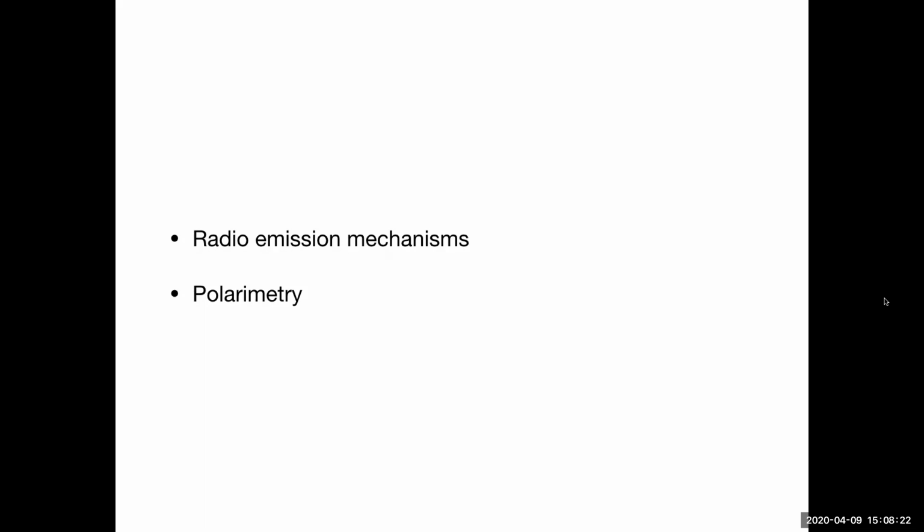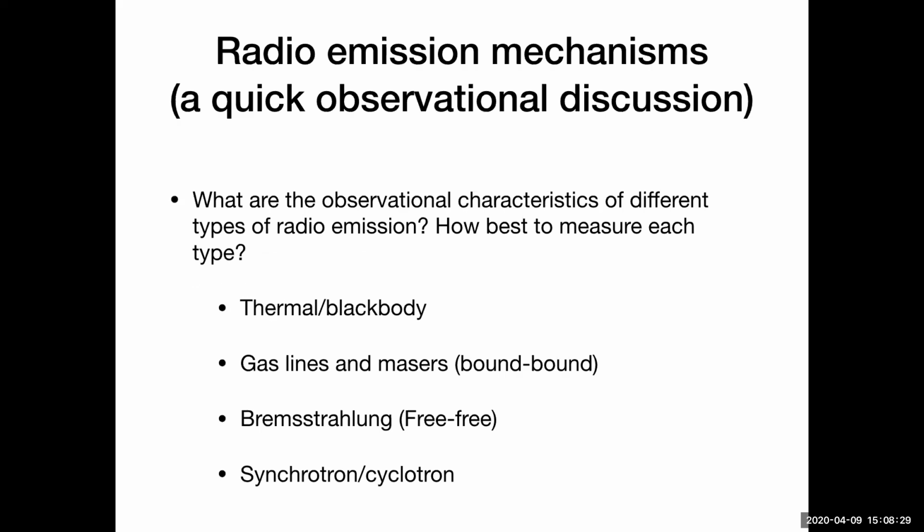Leading off with a quick talk on radio emission mechanisms, I want to focus primarily on the observational properties and characteristics, since I know there is a separate course on radiation processes, which many of you either have taken or may take. There's no point in me repeating the details that you may cover there.